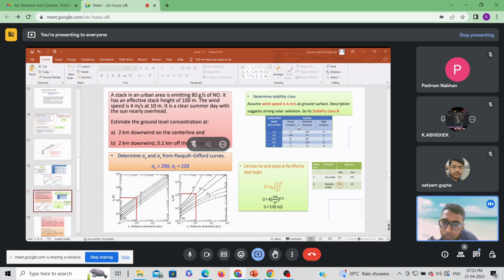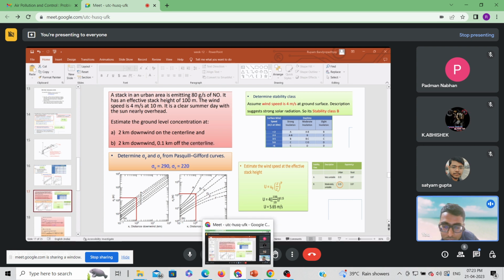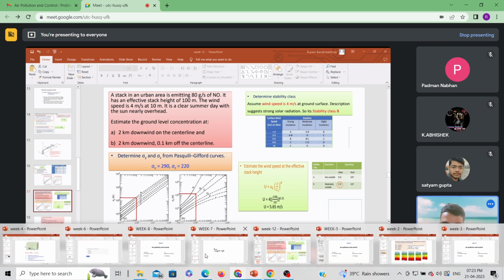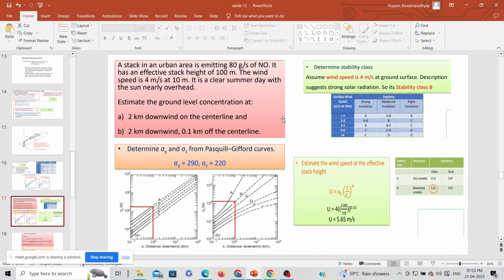First, for this description, the stability class will be stability class B. A clear summer day with the sun nearly overhead, and the wind speed of 4 meter per second is in between 3 to 5. So the stability class is B.